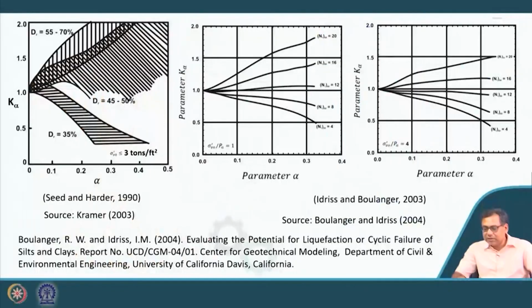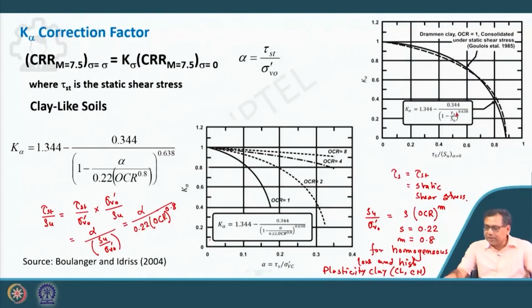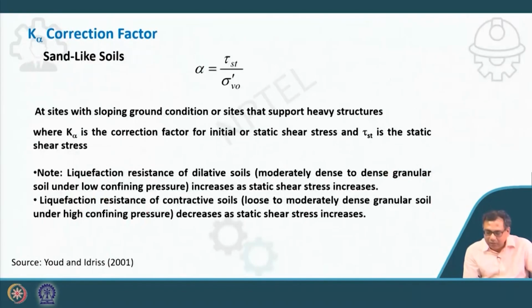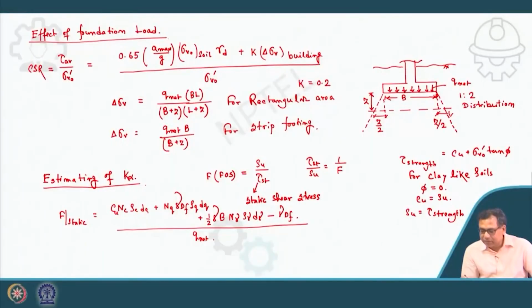That ST by SU we can put here to calculate the K alpha. Or if you want to calculate the alpha for clay-like soil, how will you calculate? So you know that alpha will be equal to your tau ST divided by sigma V0 dash.